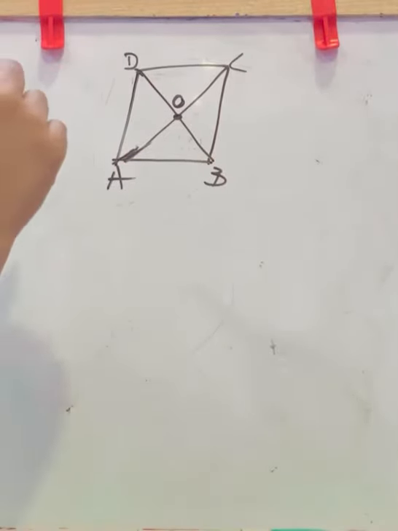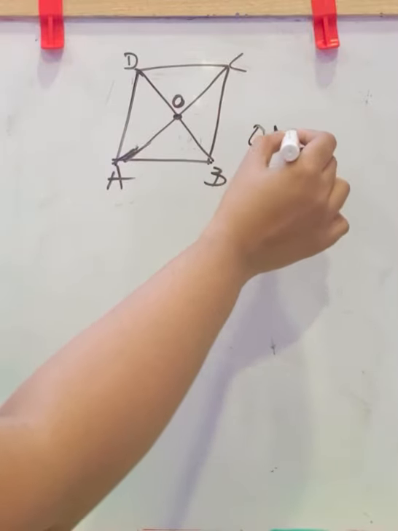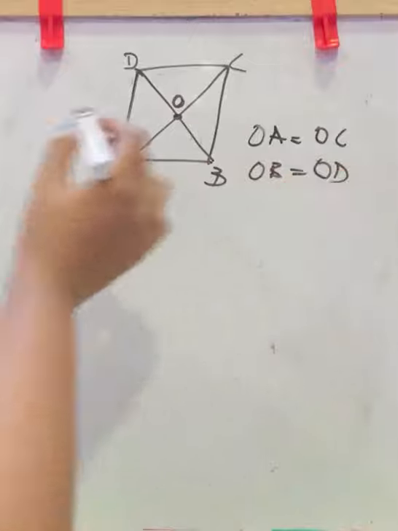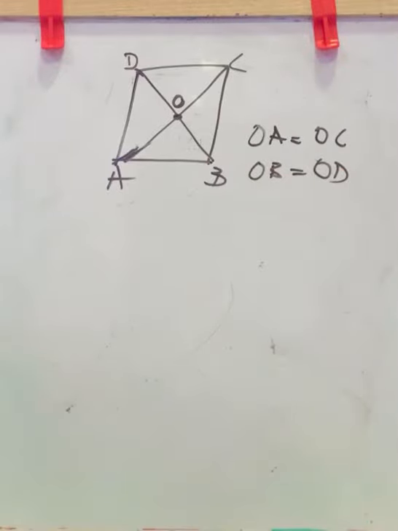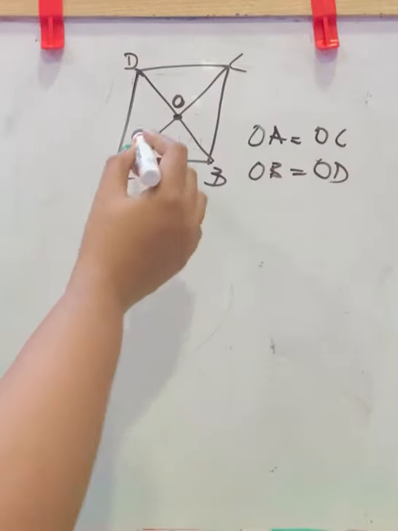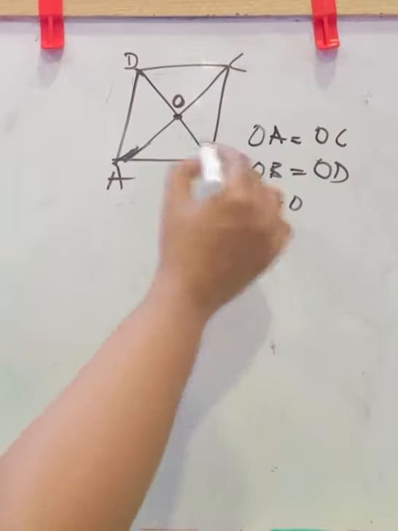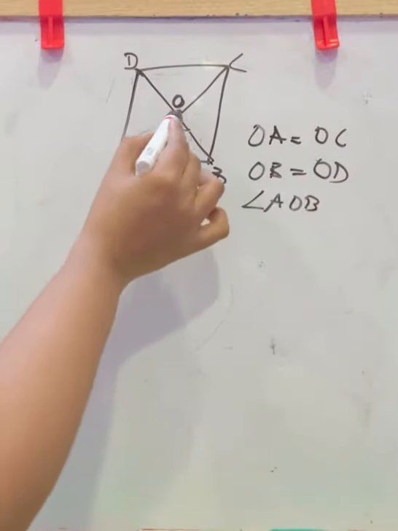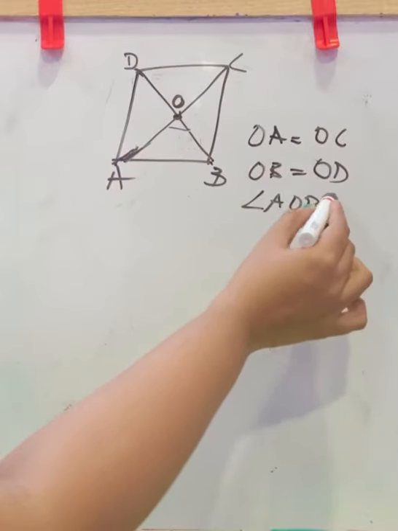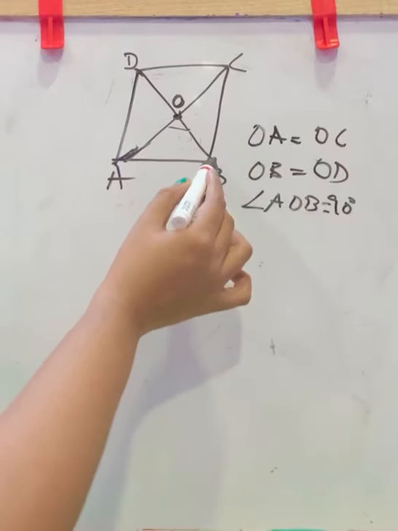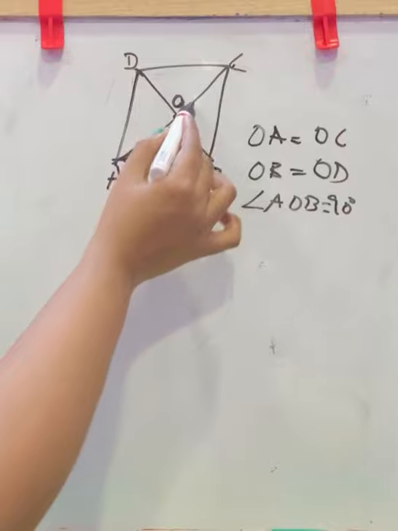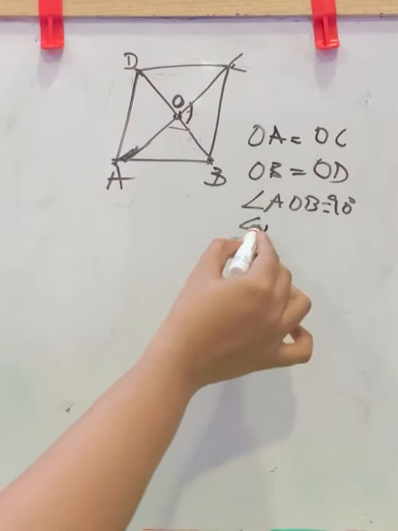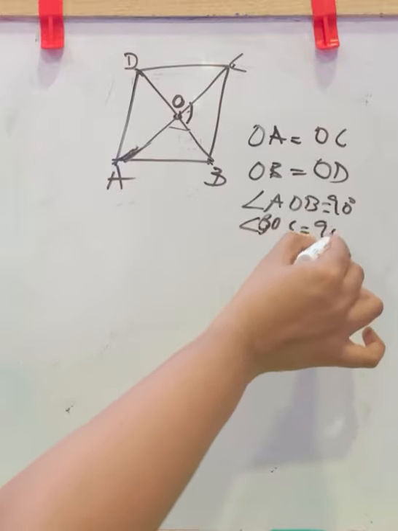Now we have to prove that OA equal to OC or OB equal to OD. That is, they bisect. Now next we have to prove that angle AOB equal to 90 degree. Now angle BOC equal to 90 degree.